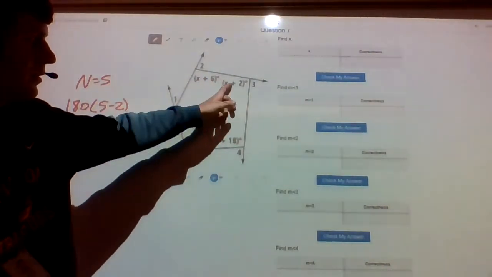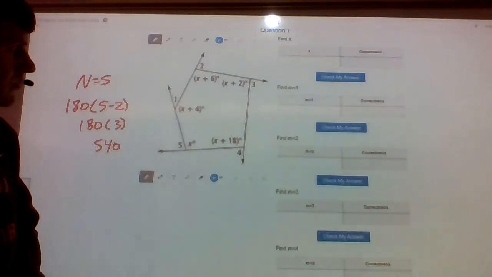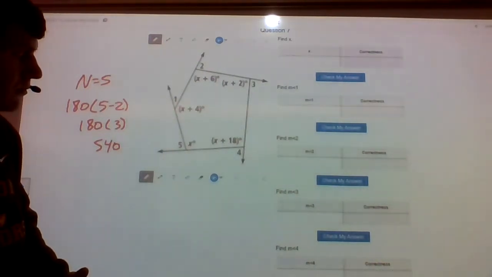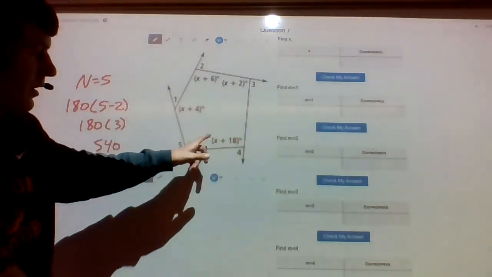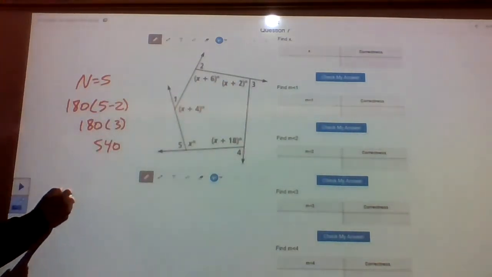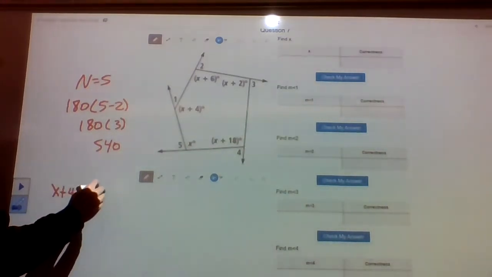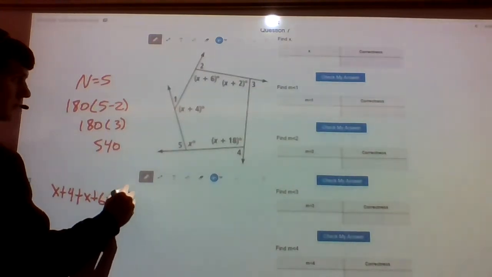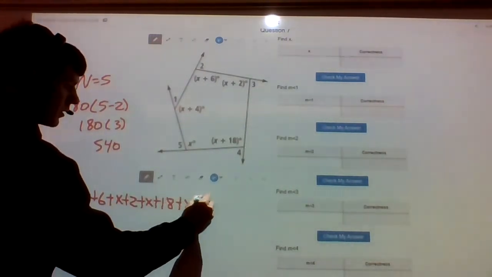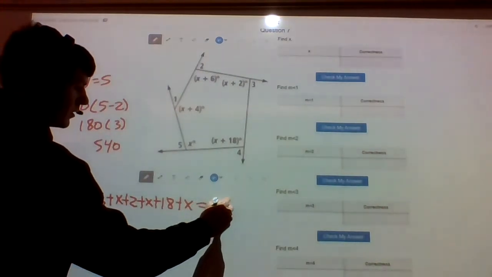So you're going to add all these up to 540 and solve for x. Once you have x, you want to plug that back in for the values. Maybe we can just do this together here. So let's just go through it.